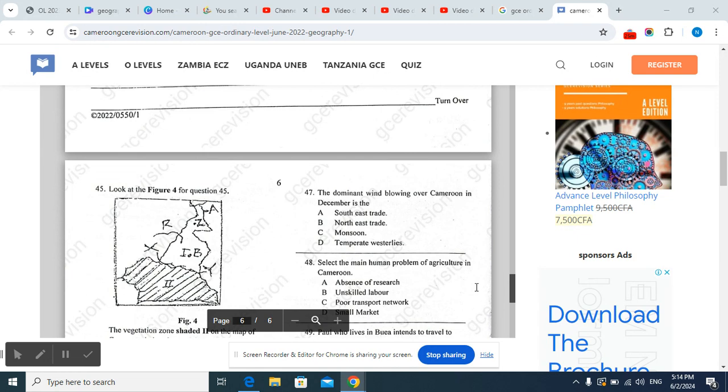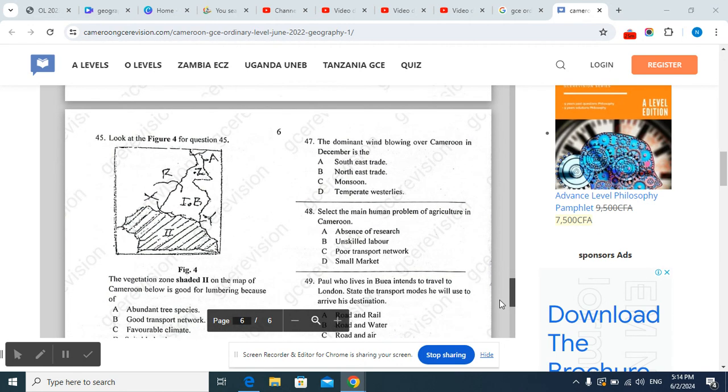The dominant wind blowing over Cameroon in December is C, monsoon.